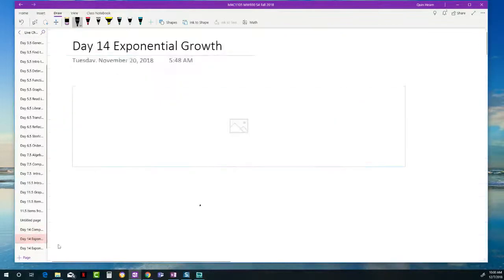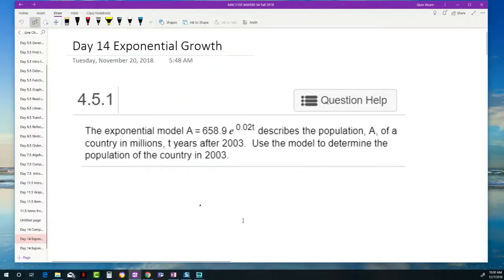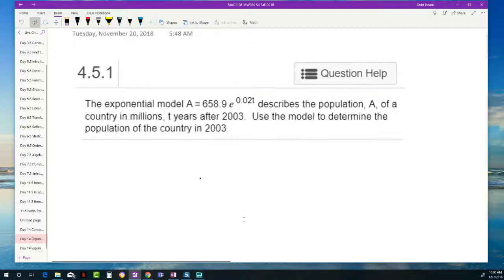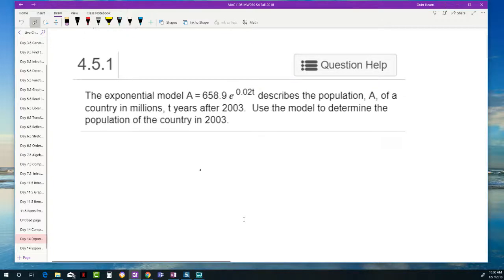Okay, so let's look at another kind of exponential growth. The exponential model, A equals 658.9 e to the 0.02t, describes the population A of a country in millions t years after 2003.